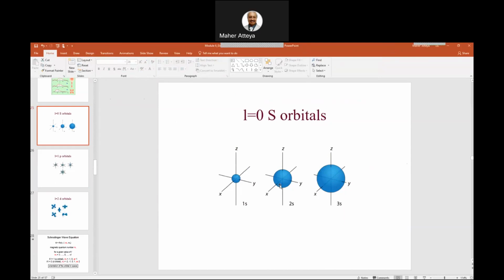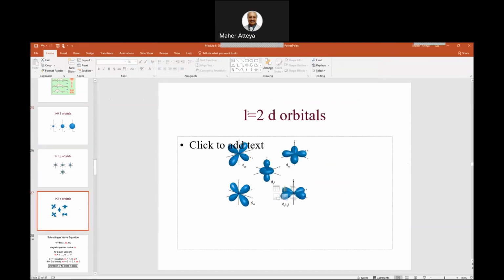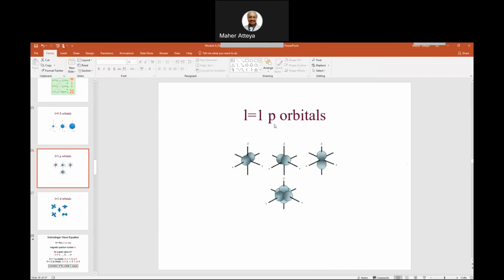So s orbital comes from l equals 0. But then the m, the magnetic quantum number, will give us the shape, which is spherical. When the angular number equals 1, that's the p orbital.